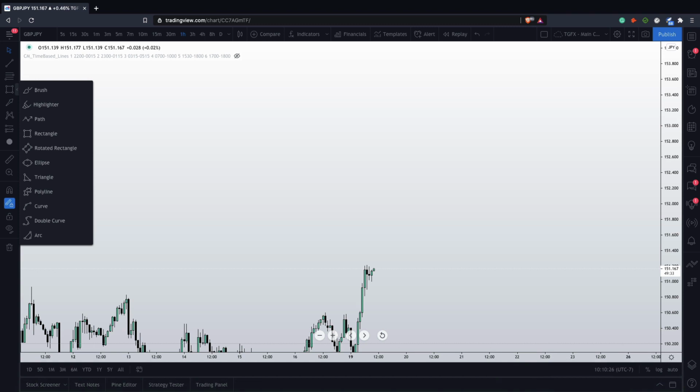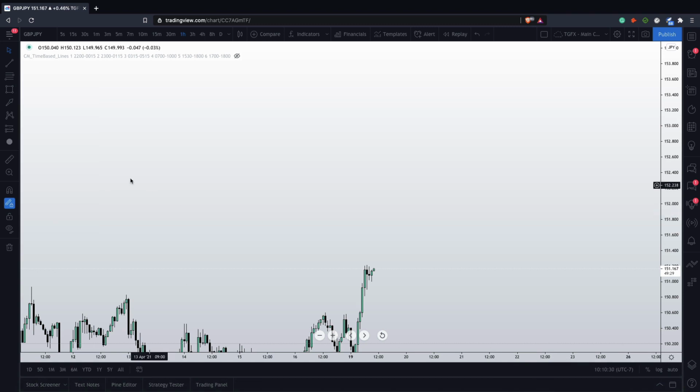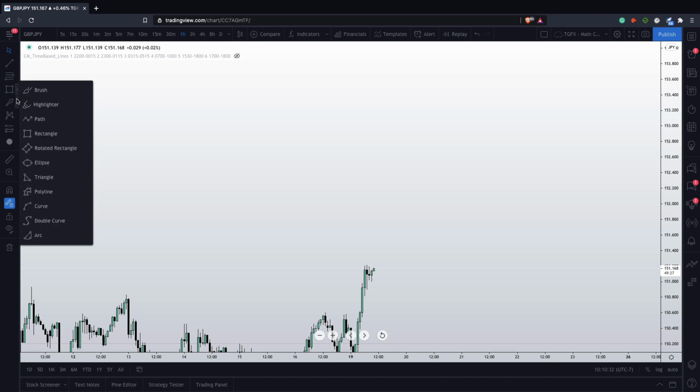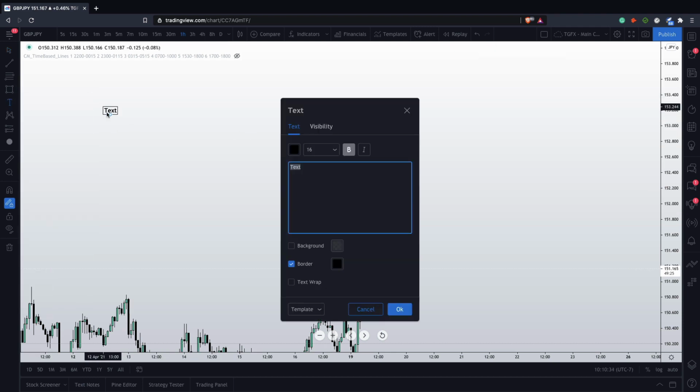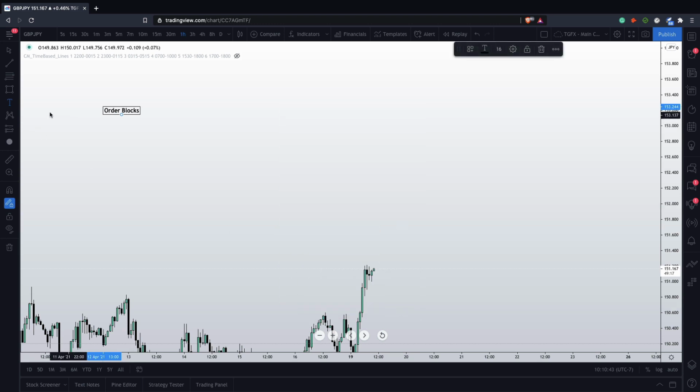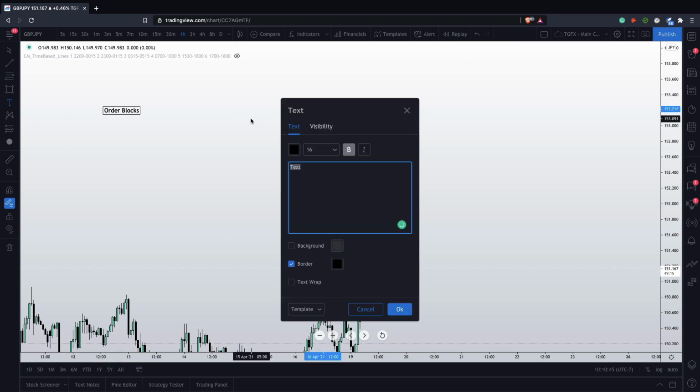And let me close out of that. All right, cool. So what I'm gonna do is grab the text box. All right, so we have what's called order blocks, and then we have what's called bases. All right.